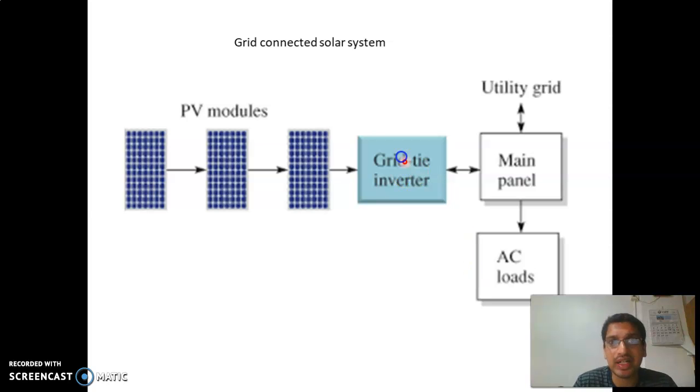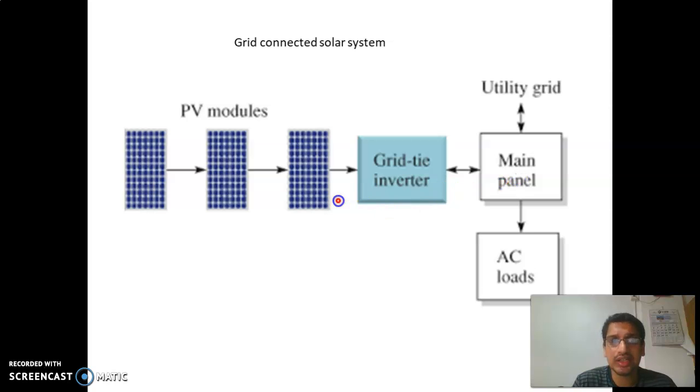Next one, grid connected solar system. A grid connected solar system consists of a solar module or solar panel, then a grid tie inverter, then main panel, and also a utility grid. Utility grid means the supply from the electricity boards or other power companies is connected in this system.